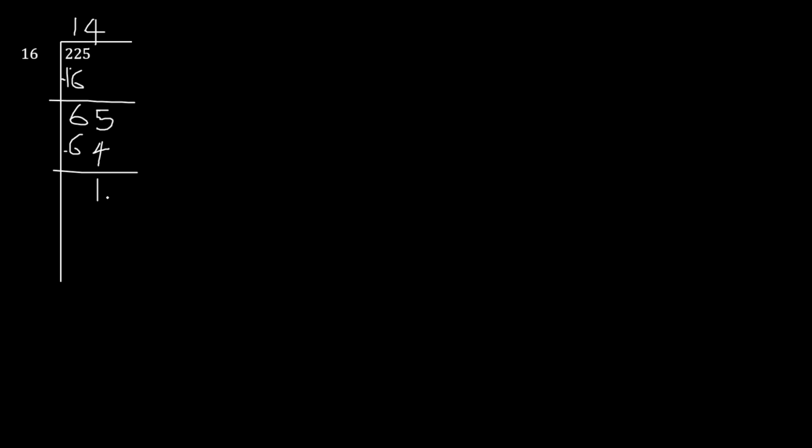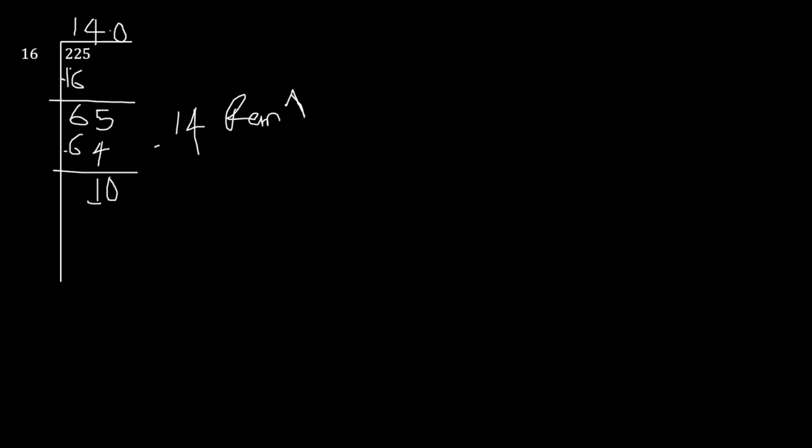16 goes into this? Impossible. What do we do? We put a decimal point, we put 0 here, then we add the 0 to this. Are you getting me? Well, at this point in time, we can say that we are left with 14, remainder 1.